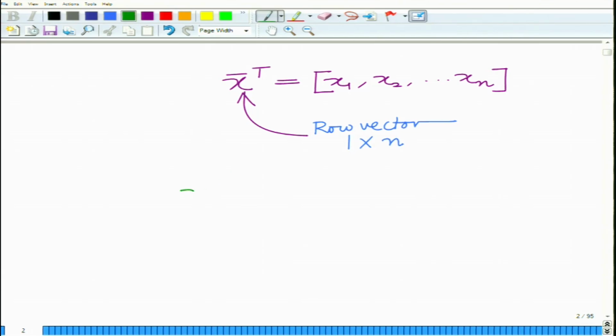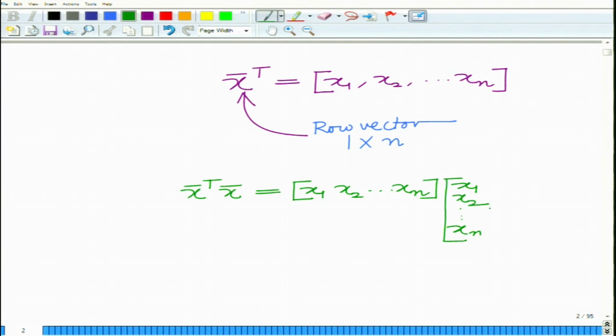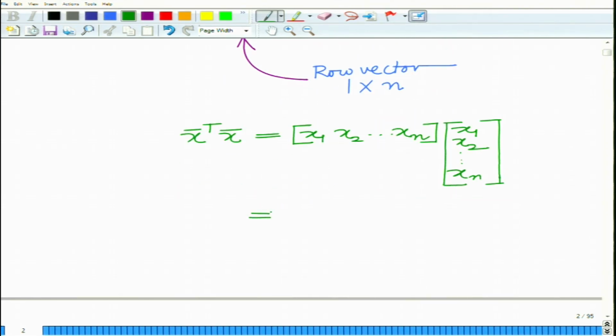And further, x bar transpose x bar is basically your row vector x1, x2, xn times the column vector x1, x2, xn, and you can see this is equal to x1 square plus x2 square plus xn square, since these are real quantities, which is also denoted by the norm square.